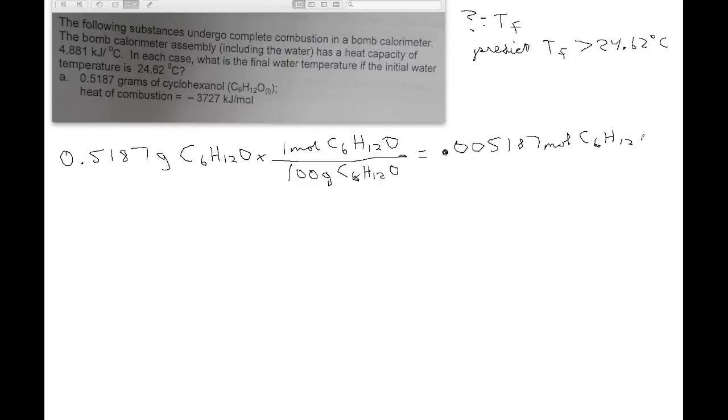Now you can multiply that by the heat of combustion, which is a negative 3727 kilojoules per 1 mole. And that is equal to negative 19 kilojoules of heat released.